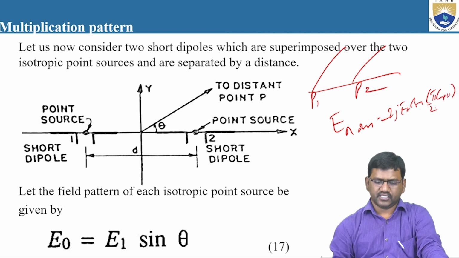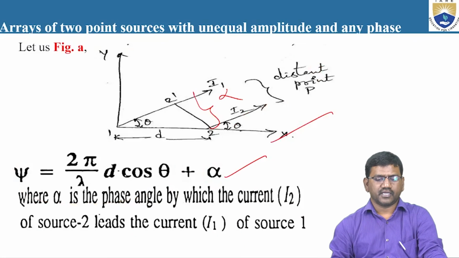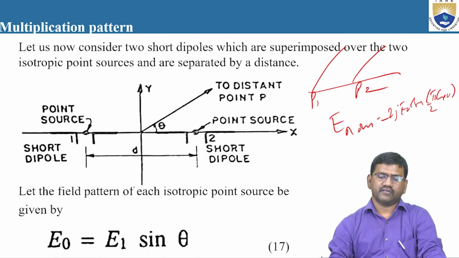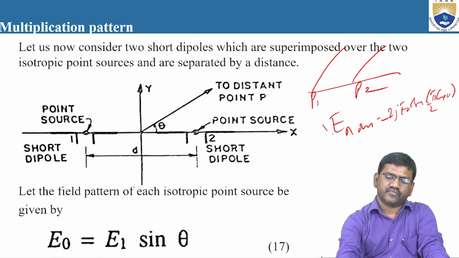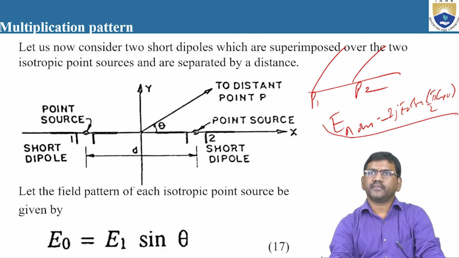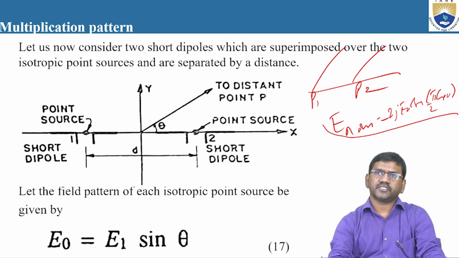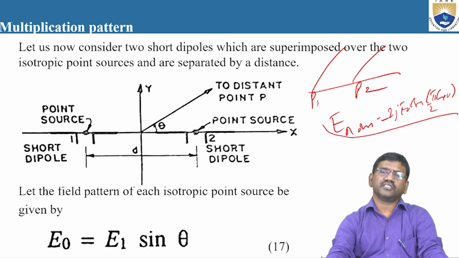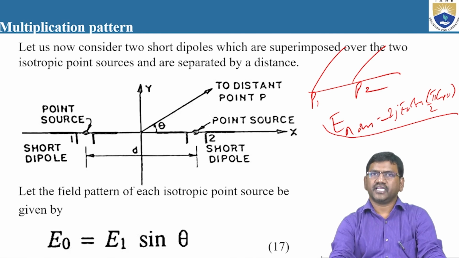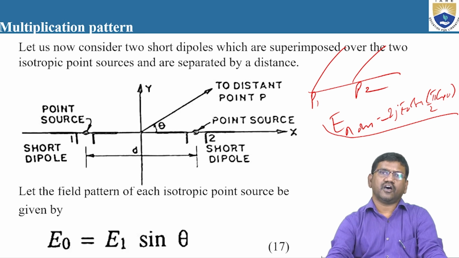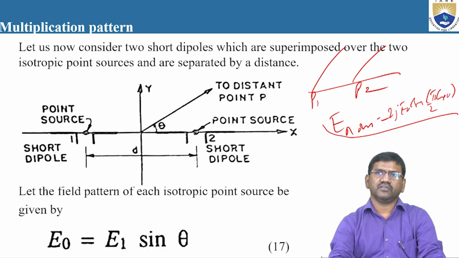After deriving the expression of E norm, we further simplified to find the maximum direction, the minimum direction of the radiation pattern, and also the half power point distribution. Based upon all these values, we draw the radiation pattern produced by the two point sources.